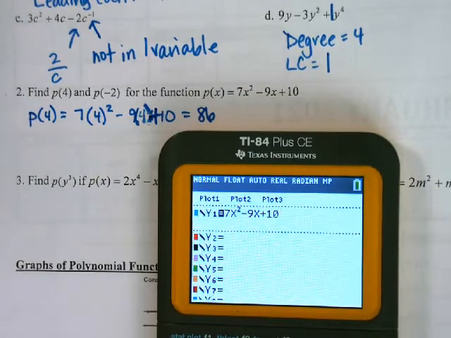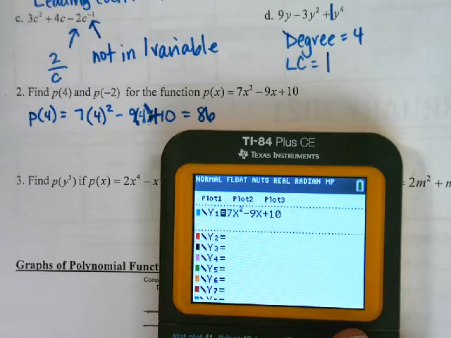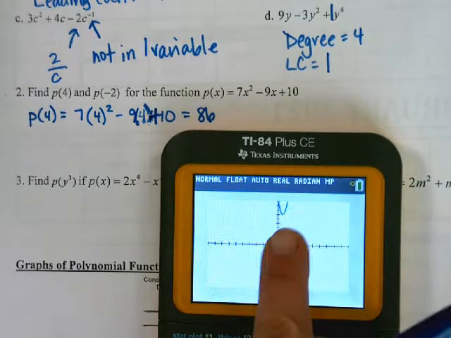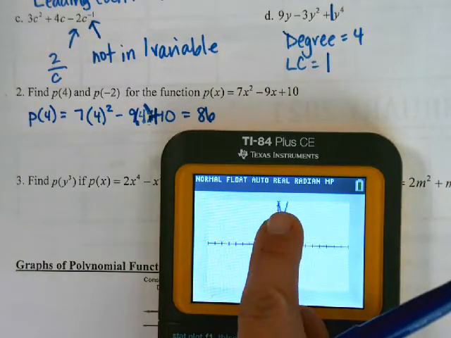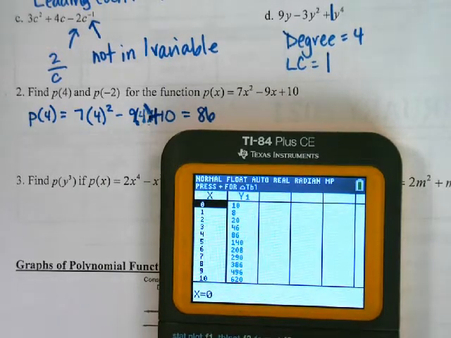So if I put 7x squared minus 9x plus 10 into my calculator at y equals, and I push graph, I may not see a whole lot. There he is. He's way up there. He's a little parabola. But I could go look at my table. Hey, look at that. 4, 86.